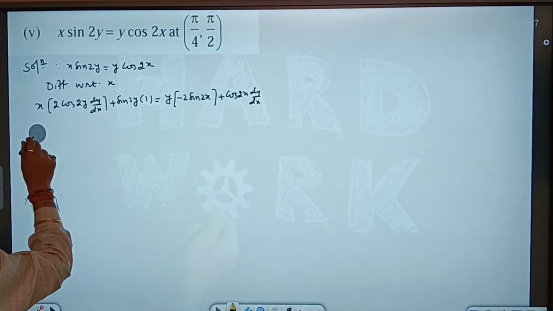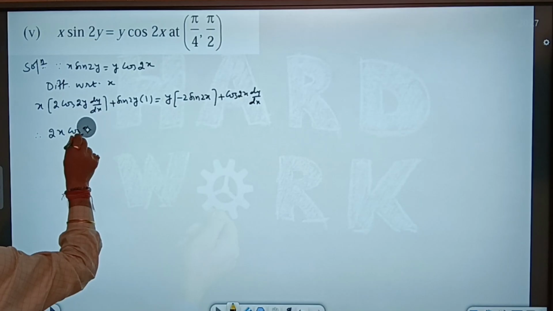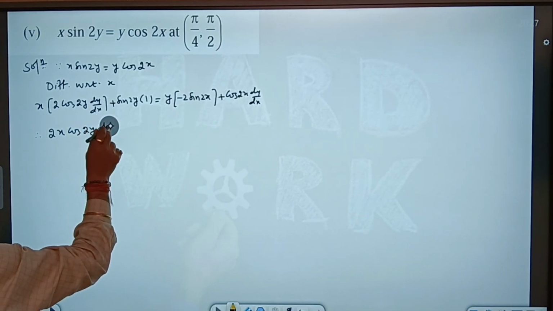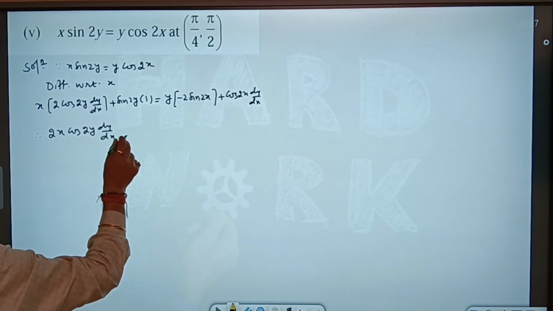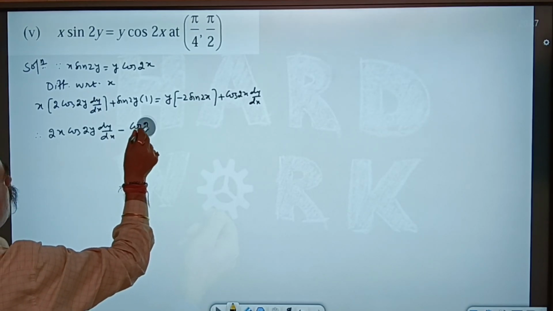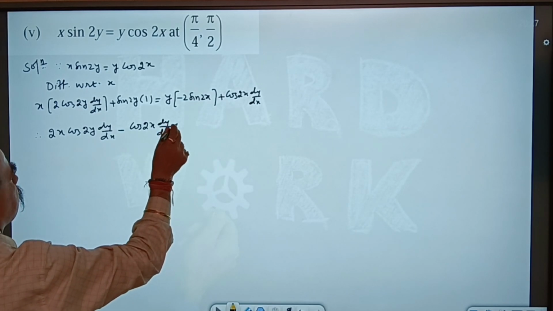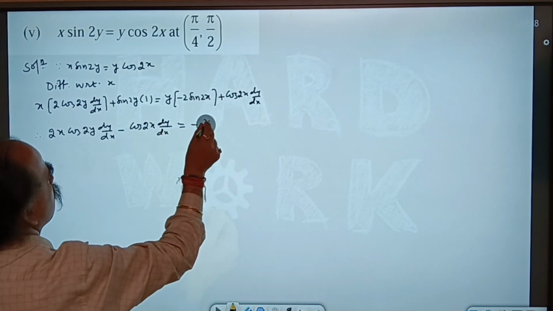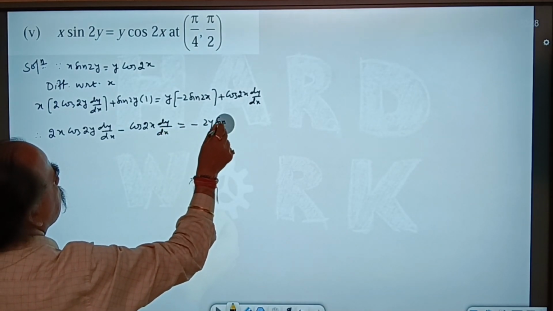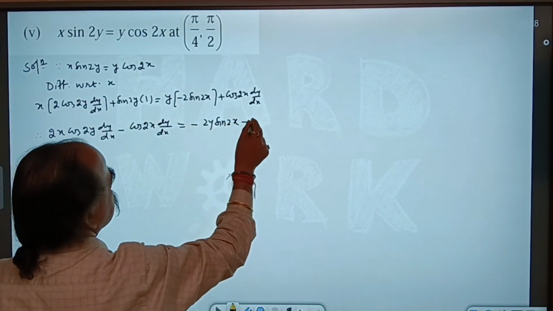Collect dy by dx terms together. 2x cos 2y dy by dx minus cos 2x dy by dx is equal to minus 2y sine 2x minus sine 2y.